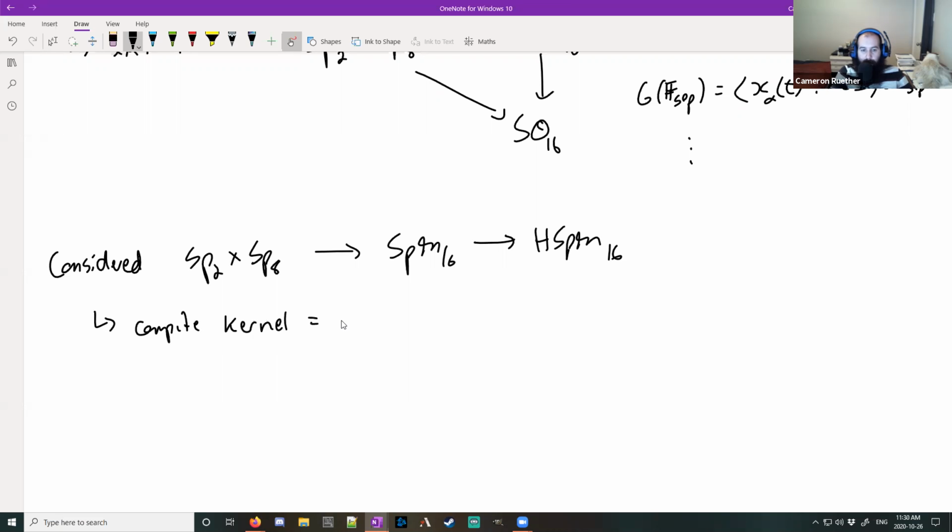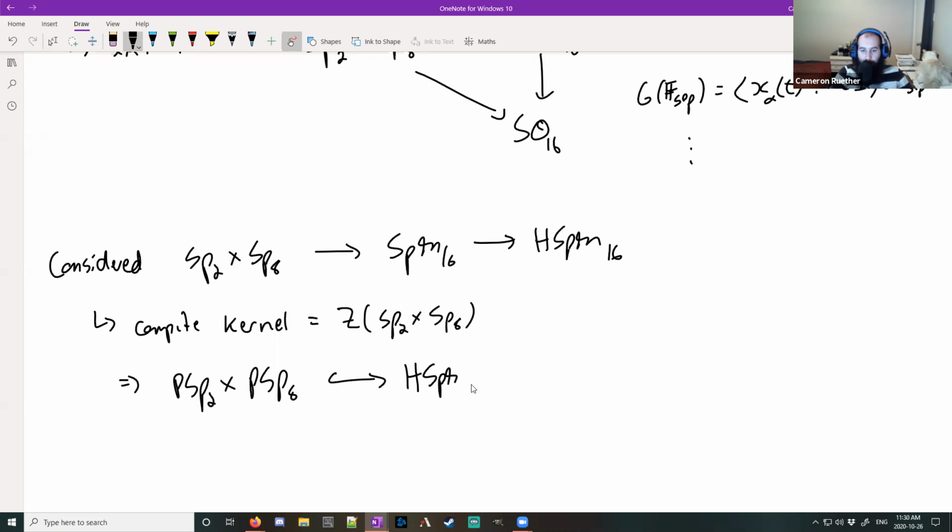And the kernel ends up being just the full center of this group. So if you just mod out by this center, what you get is a map from the projective symplectic groups into half-spin. But again, he stopped at half-spin 16 because of connections to E8 here.